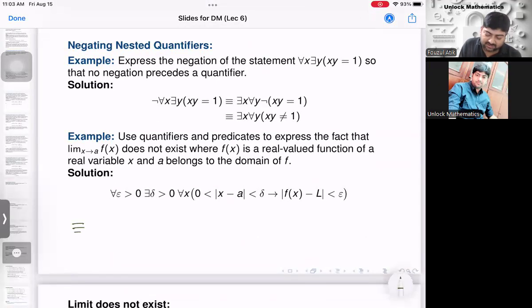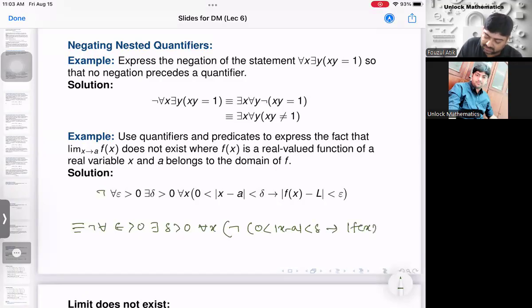You may see that finally we had this P imply Q. Then there exists delta greater than 0, for all x, and this was the negation of 0 less than mod x minus a less than delta, imply that mod of f(x) minus L is less than epsilon.